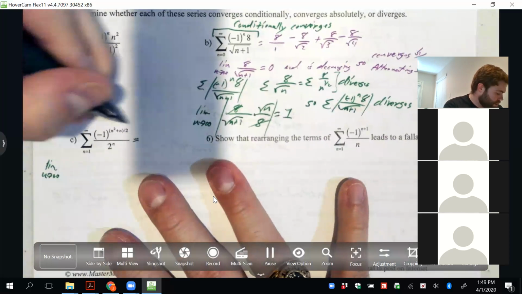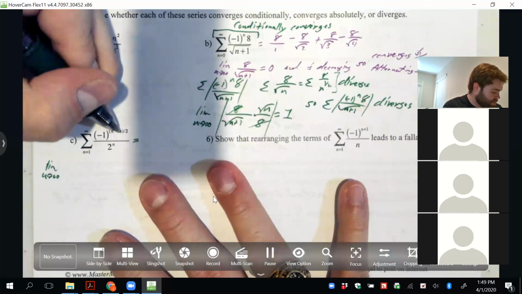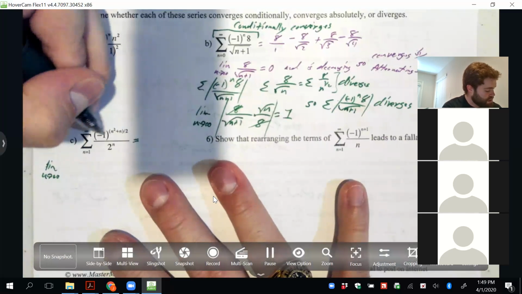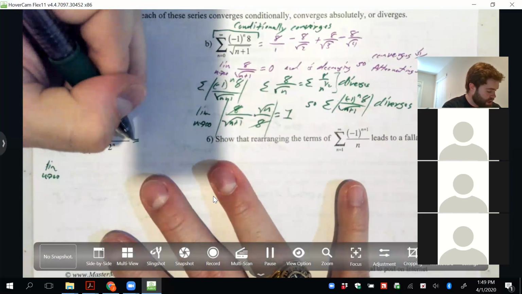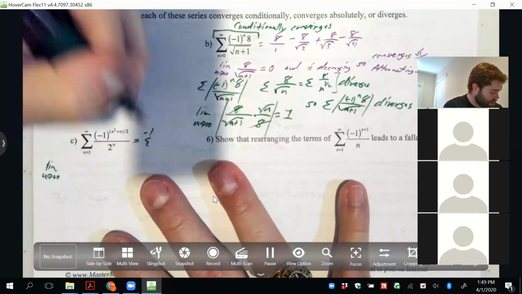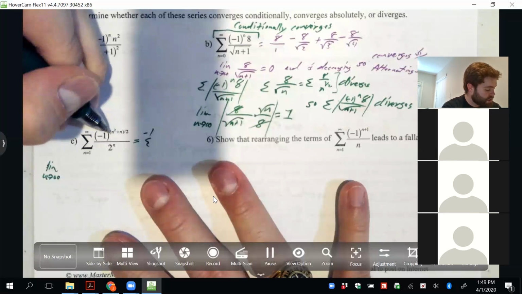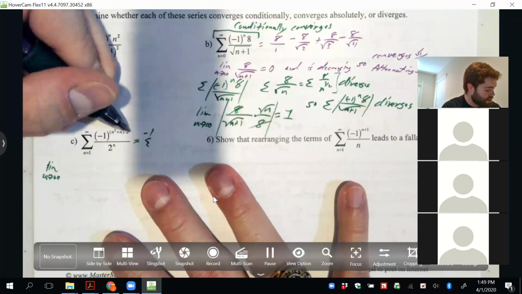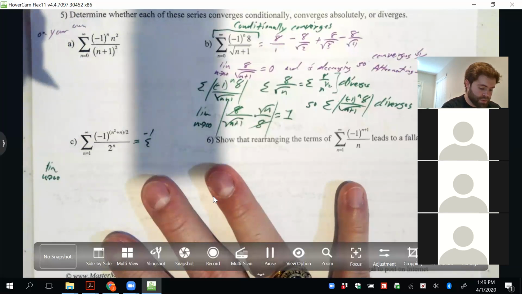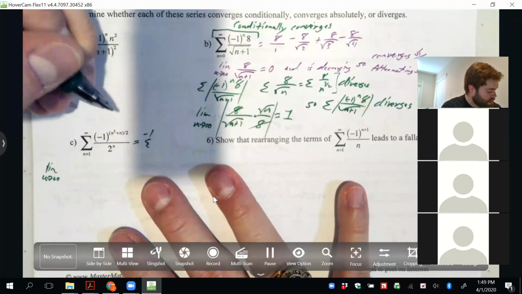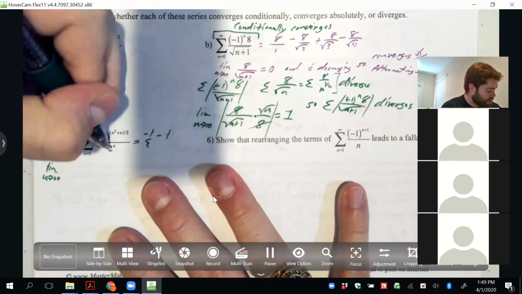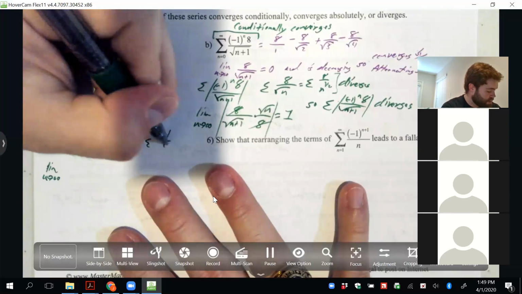If we plug 1 in, you'd have 1 plus 1 over 2, well, 2 over 2, that's 1. The first one is negative, so negative 1/2. If you then plug in 2, 2 squared plus 2 is 6, so the top will be negative again over 2 squared, which is 4.